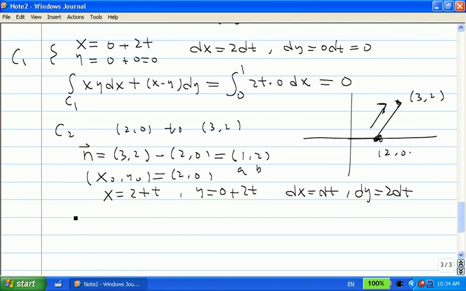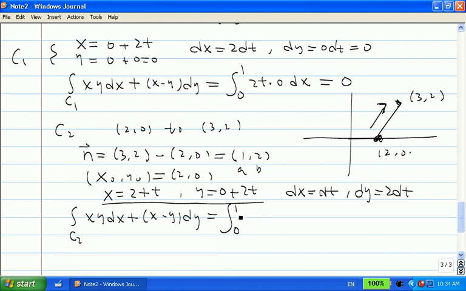Now we're able to write the line integral along the segment C2, xy dx plus x minus y dy. Again, t equal to what? Look at this equation. When t equal to 0, they give you the point 2, 0, right? When t equal to 1, they give you 3 and 2. So your t is between 0 and 1.